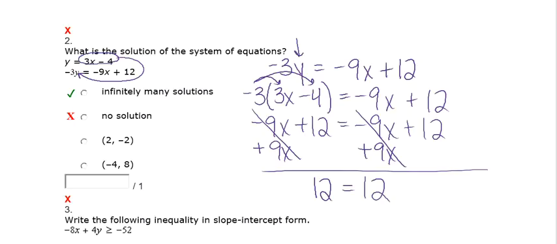And I tell my students that this is a true statement, 12 equals 12. Because it's a true statement, again, it's infinitely many solutions. However, if you lose your variable, like we lost the 9x's here, and what you end up with is not a true statement, let's say 12 equals 20, that's not true, that's when we would say no solution.